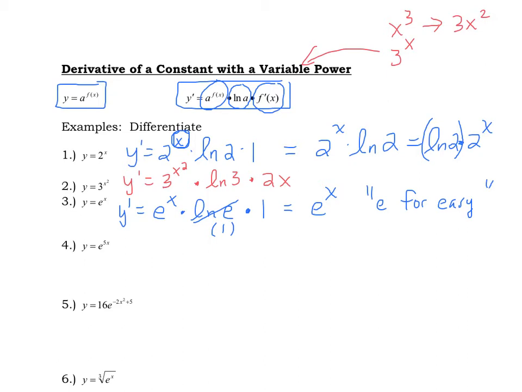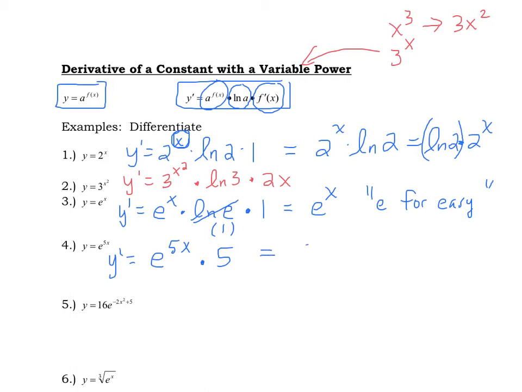It gets a little bit more complicated when you have something more than just a plain x for your power. You're going to get the same thing back, but our chain rule says we're going to have to chain along the derivative of that 5x, which is 5. And again, there really is a natural log of e in between there, but we don't bother to write it anymore because it's just going to give us 1.